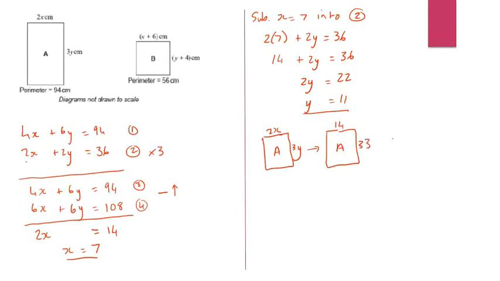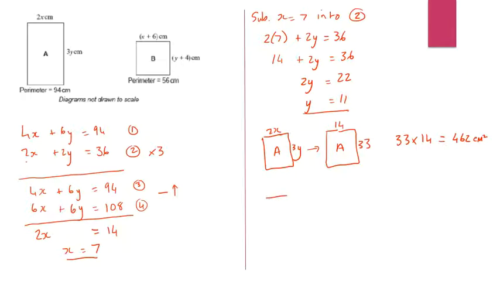Now I know the area of a rectangle is given by length times width, so 33 times 14 is what I need to work out. So head to the calculator for that one. So 33 times 14 gives me 462. And the units on the diagram are in centimeters, so I'm going to put centimeters squared.